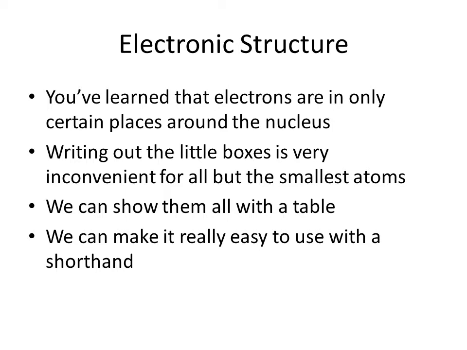But writing out these little boxes is a pain, and it's orderly, but very inconvenient to use except for the smallest atoms. So what we can do is take these electrons and put them in a table that is much more condensed, or we can even make it easier to use a shorthand to express our electronic structure.